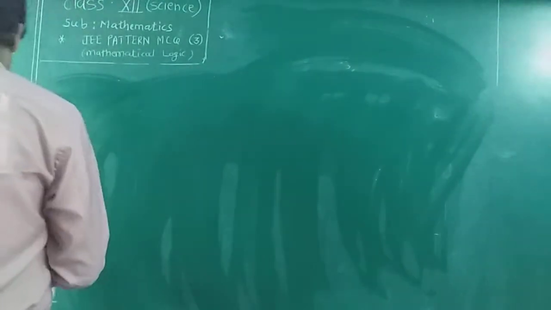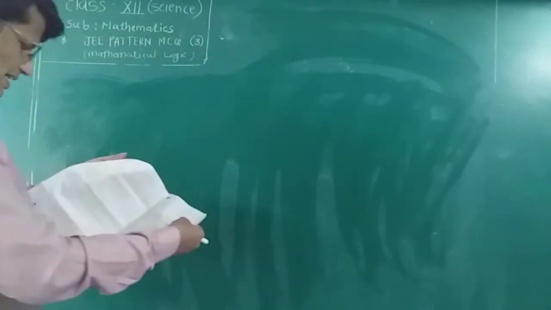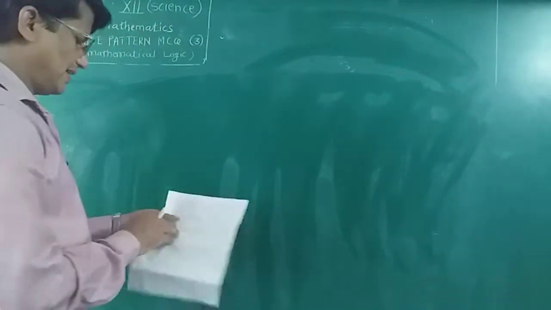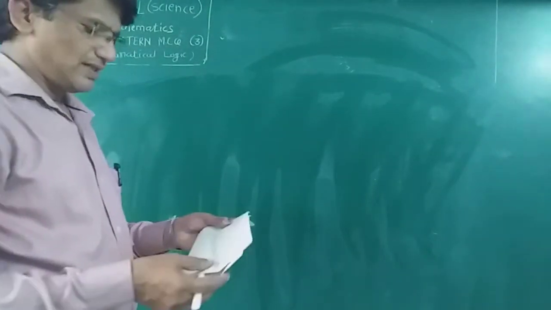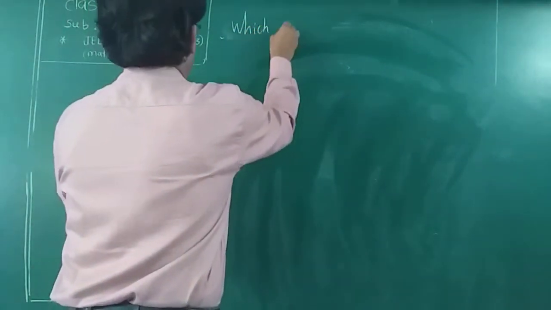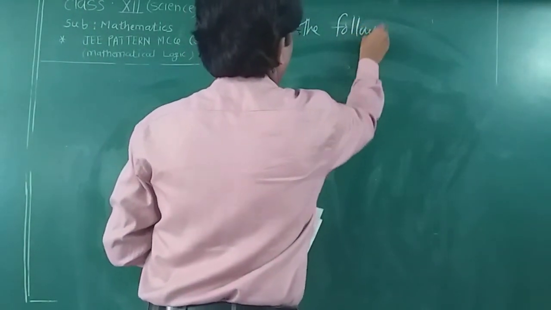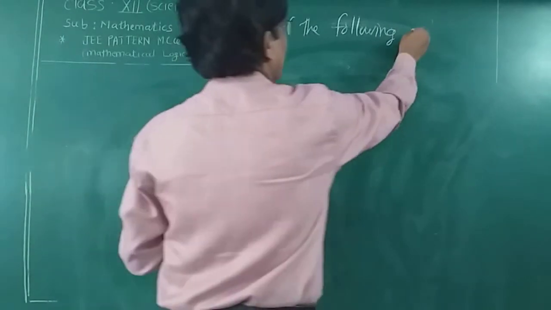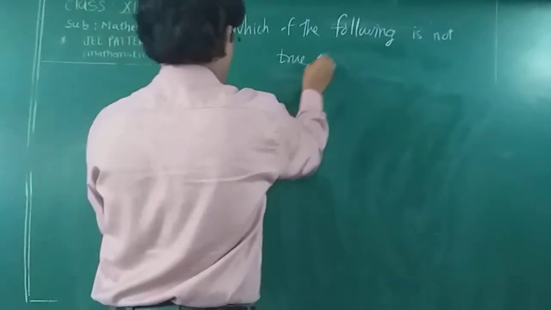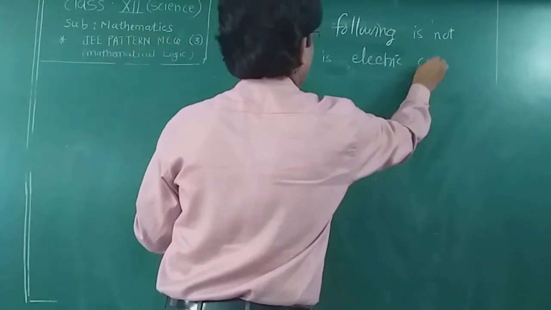Let us see one more example, which is again important. Here it is, the same kind of example based on switching circuits. Which of the following is not true in an electric circuit?